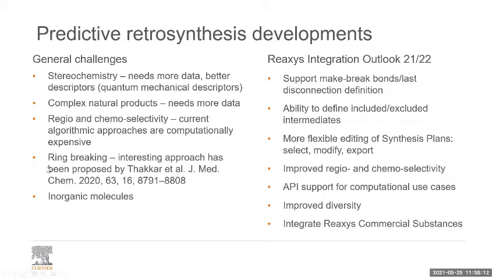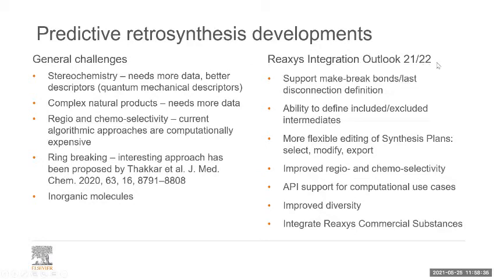Sometimes when you try it, you will see that it is unable to break complex ring systems. In a recent paper by Amol Thakkar from Bern and AstraZeneca, they have proposed an interesting approach. We are looking into it. Inorganic molecules are currently not handled at all.